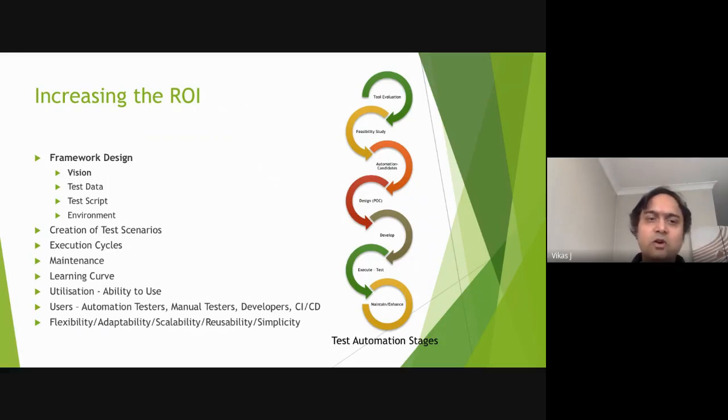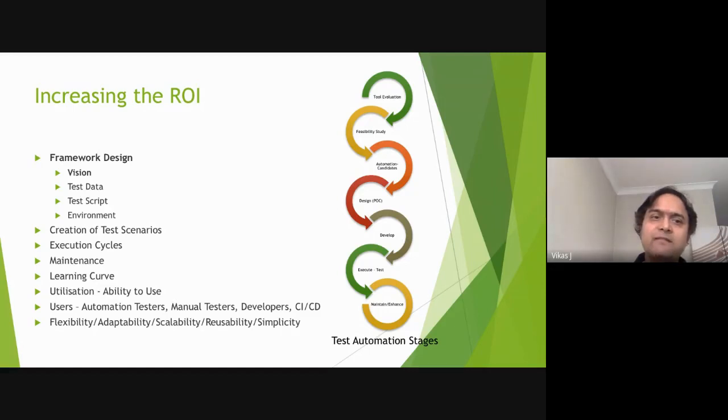So it's not limited to automation testers alone. Manual testers, developers, and everybody else needs to be able to use it. We should have ways to make it flexible, adaptable, scalable, reusable, and simple.